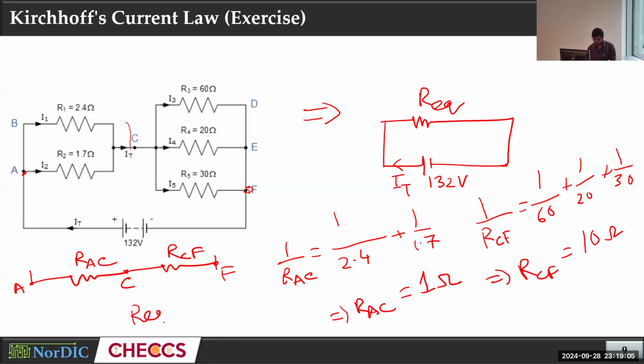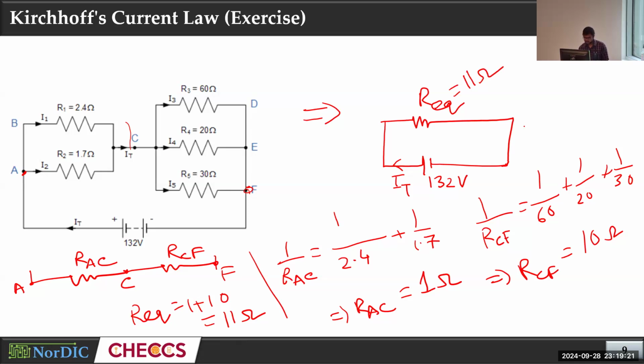The equivalent resistance of this whole network will be 1 plus 10, which is 11 ohm.